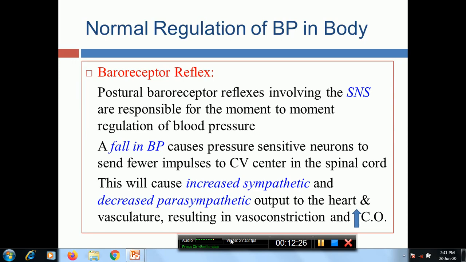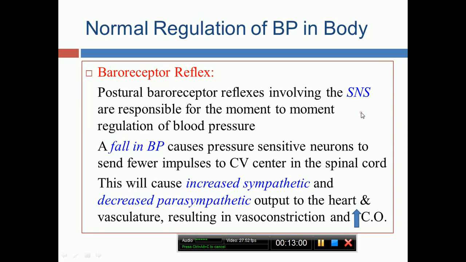If the blood pressure drops, a fall in BP: baro means pressure, receptor means anything that perceives or senses. These are part of the nervous system and are connected to it. Where are these receptors located? They are located in the aortic bodies, aorta and carotid sinus, the first areas to receive blood directly from the heart.